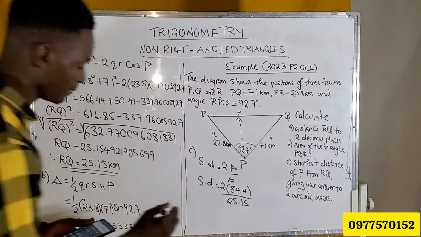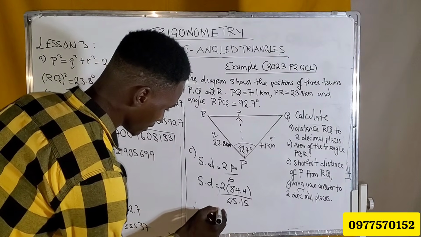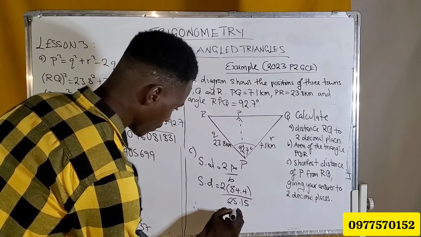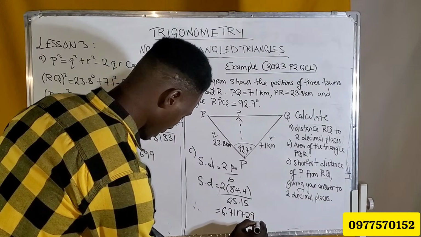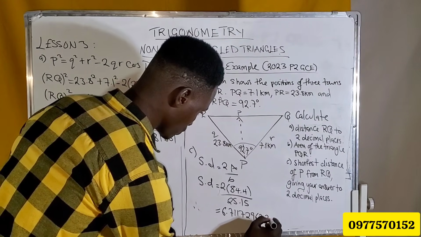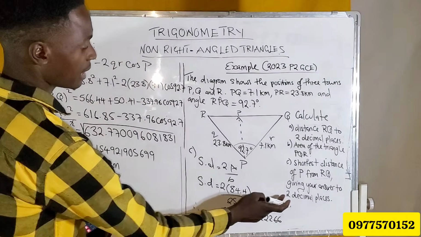The answer is giving me here. Therefore, okay, the shortest is giving me 6.711729622266. Okay, now say leave to what?